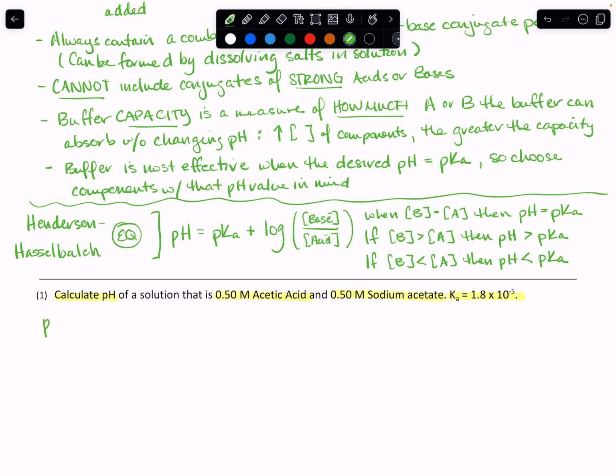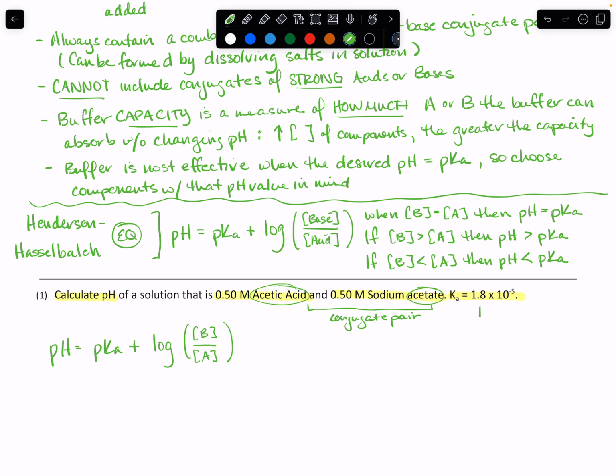So I know it's a buffer because I've got acetic acid and acetate, and that is a conjugate pair. So I'm going to need to use the Henderson-Hasselbalch equation to make this pH calculation. pH is going to be equal to the pKa plus the log of the concentration of base divided by the concentration of acid.